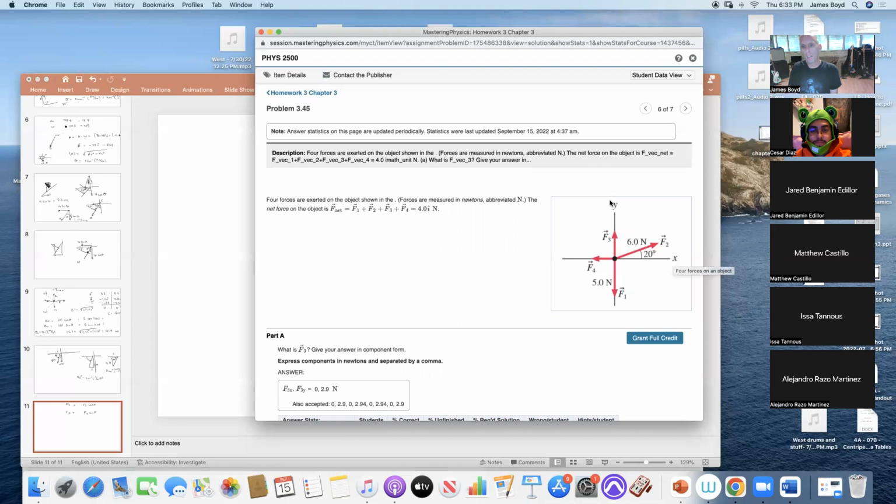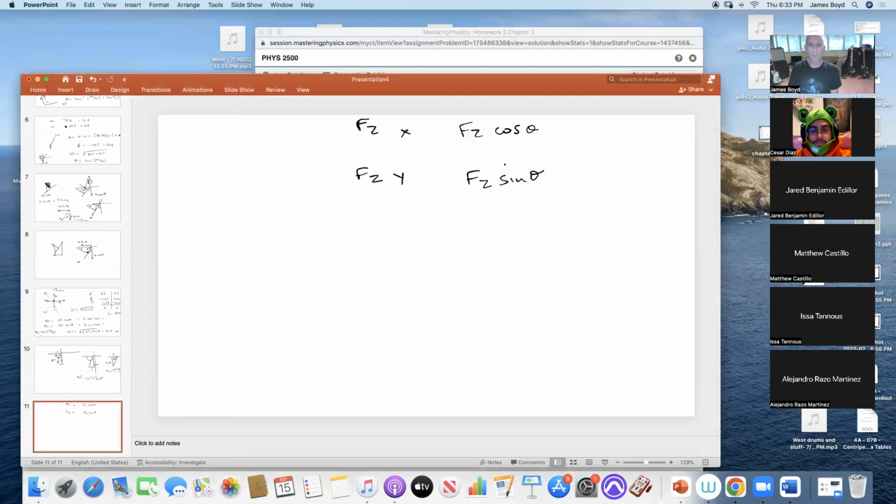This is X positive, this is Y positive, so these will both be positive. 6 cosine of 20, 6 sine of 20. That's 5.64 in the X hat and 2.05 in the Y hat.